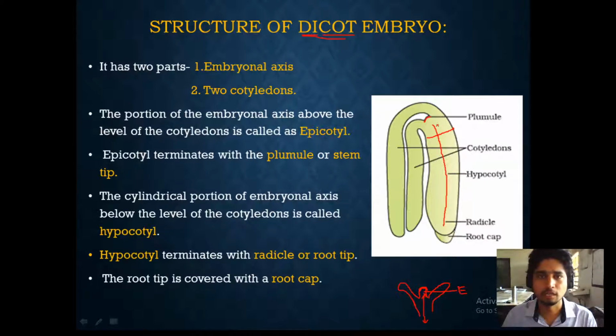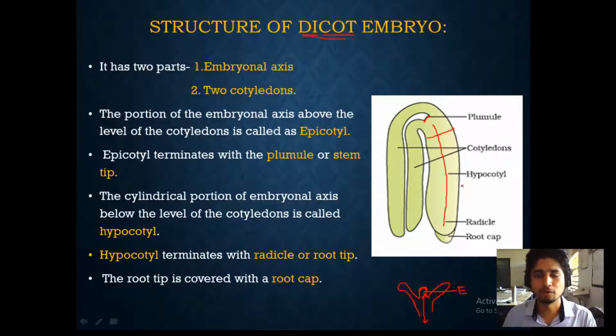So epi is above, hypo is lower, just like epidermis and hypodermis. The epicotyle is the portion of embryonal axis above the level of the cotyledon attachment, and the hypocotyle is the portion below the level of these two cotyledons.